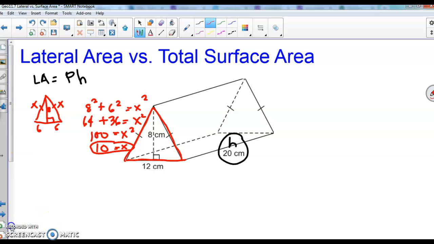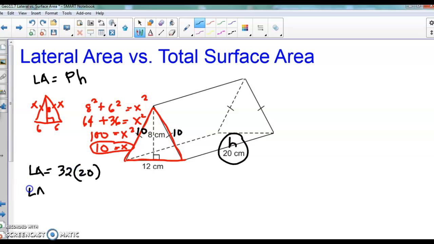Alright. So now that we know that the legs of the isosceles triangle measure 10 each, we can now find the perimeter. We can just add them all up. So 10 plus 10, 20, plus 12, that's 32, times the height of your prism, which is 20.